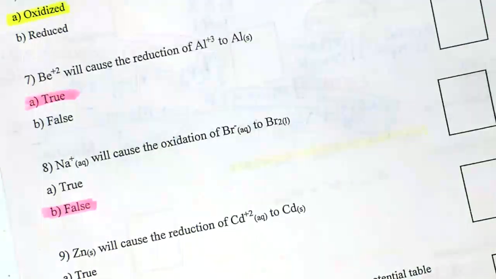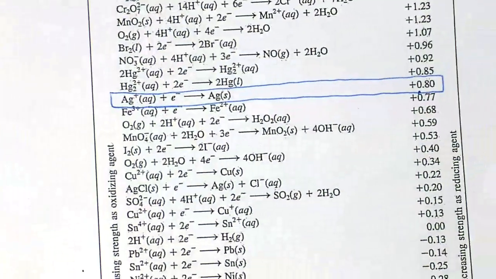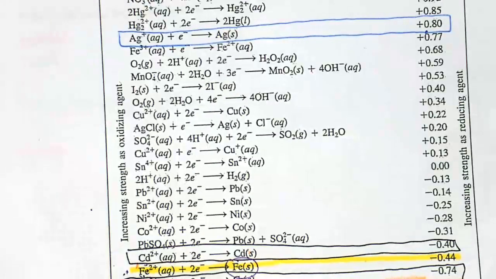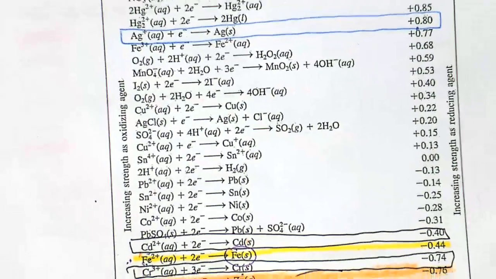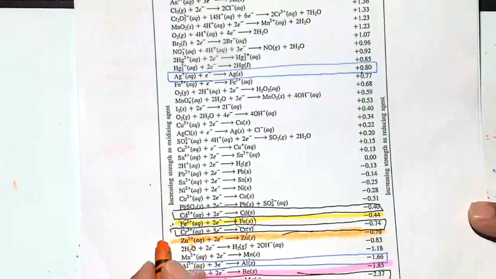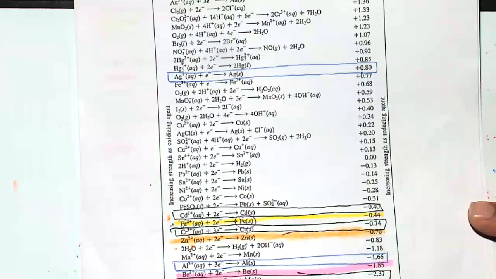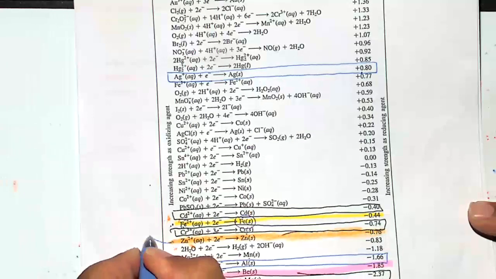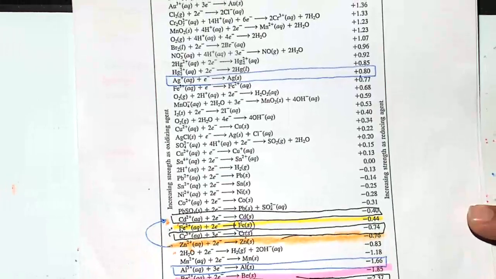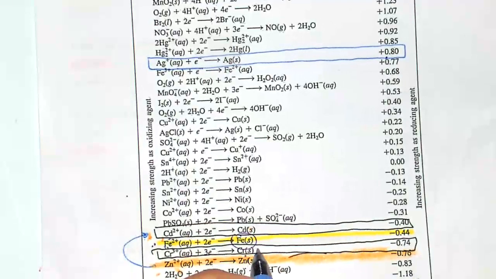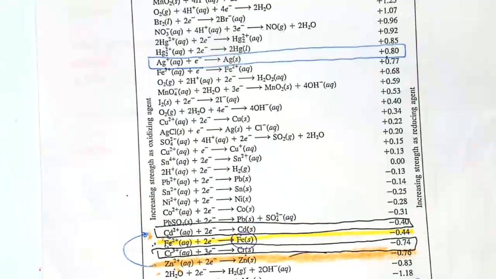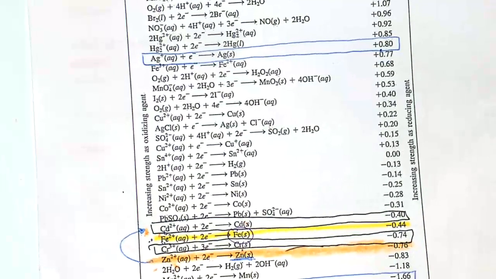True or false? It's saying zinc will cause the reduction of cadmium plus 2 to cadmium solid. Is this true or false? I think it's true, yes, because zinc plus 2 will cause the reduction of this. It will cause the reduction of everything above it. Yeah, it's true.